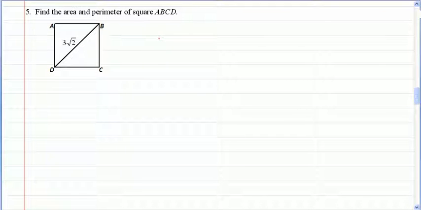For number 5, find the area and perimeter of square ABCD. To find the area of a square, area is equal to side times side, and the perimeter is equal to 4 times the length of each side.